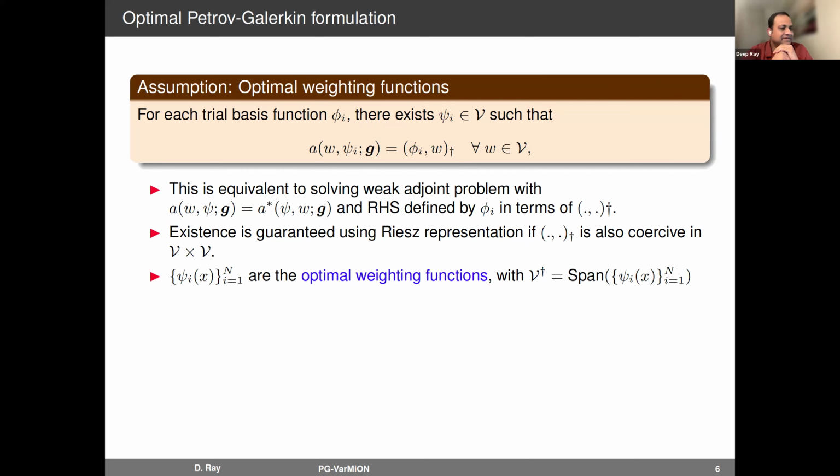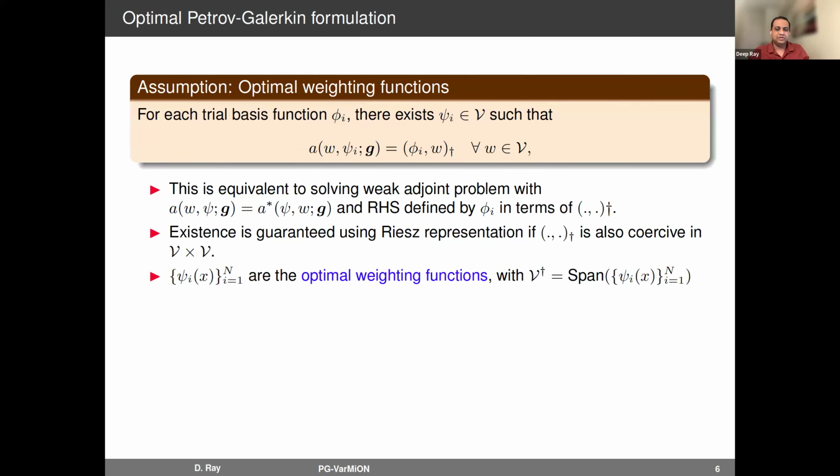And we'll call these psi I's, which will also be n of them, optimal weighting functions. And we'll call the span of these optimal weighting functions the V dagger space. Now, I will not necessarily claim that these psi I's will form a basis. They may not all be linearly independent, but I'll still look at these n functions, and at the dagger space, which is spanned by them.